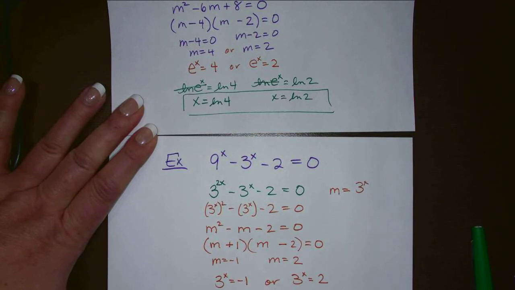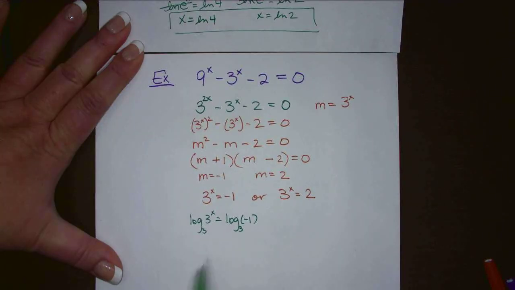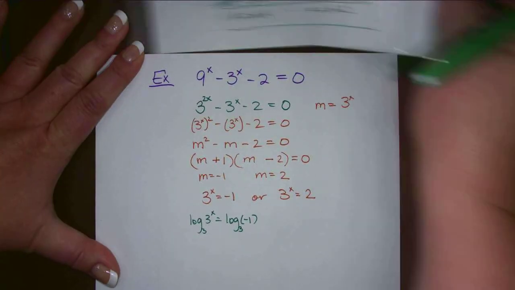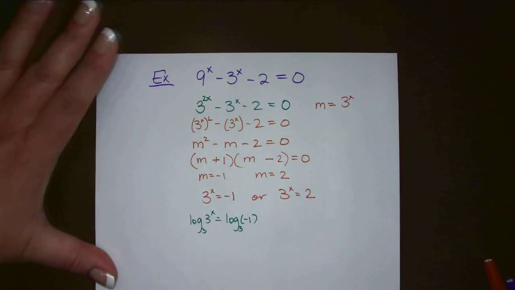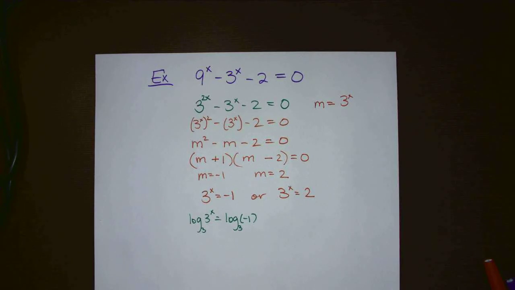Now, I'm hoping that someone will catch this, but if you don't, what do you do to both sides? Log base 3. So I'm hoping you now catch it here, at least. I put a log base 3 on both sides to cancel out the 3.